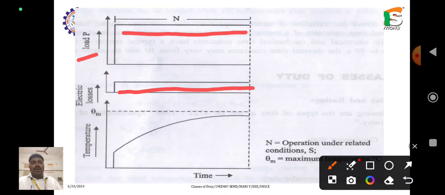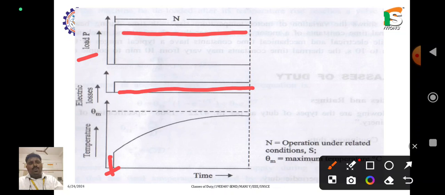And what about the temperature? Initially the temperature is not 0, it is at room temperature. It will be the minimum value. Once the machine is started, the temperature suddenly increases to a certain value.